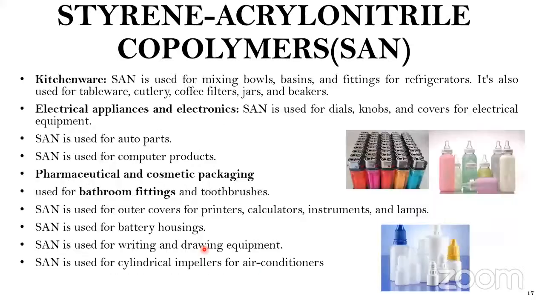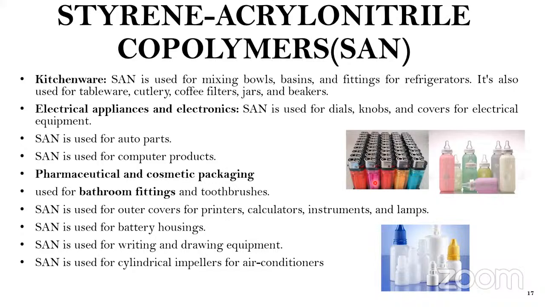I'll show you the applications also. You may have seen very fancy baby feeding bottles; they are manufactured using this styrene acrylonitrile copolymer, and these transparent and colorful bottles are also manufactured.